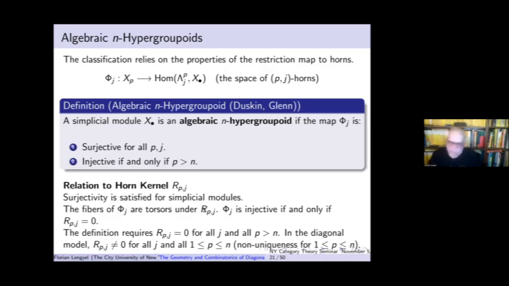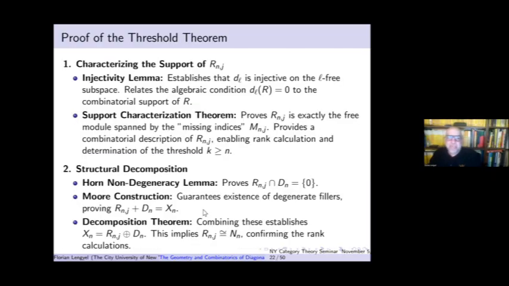And this is all borne out by computation. What I'm going to show is, before there was a certain set of indices that were missing from the horn, right, 0220.